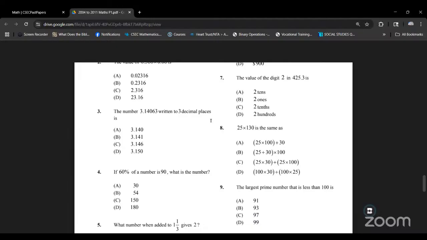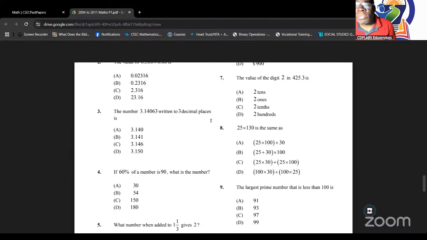So we know if we calculate the one here. Okay. Well, so it's 25 times 130 is the same as what? No. Which answer do you think it logically would not be and why?